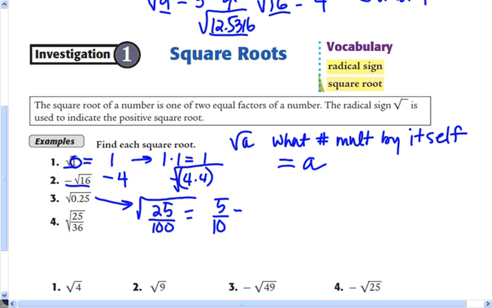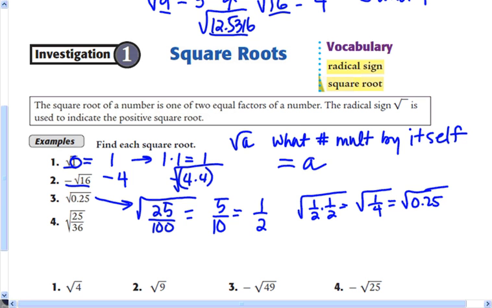That's 10. And 5 over 10 simplifies to 1/2. So what we're saying is that the square root of 1/2 times 1/2 is the same as the square root of 1/4, which is the same as the square root of 25 hundredths. All right?